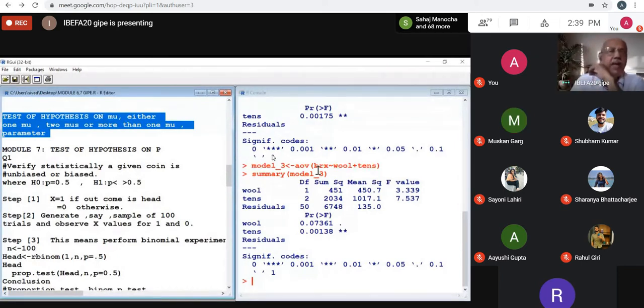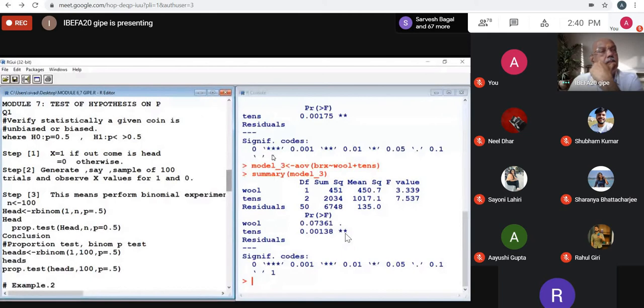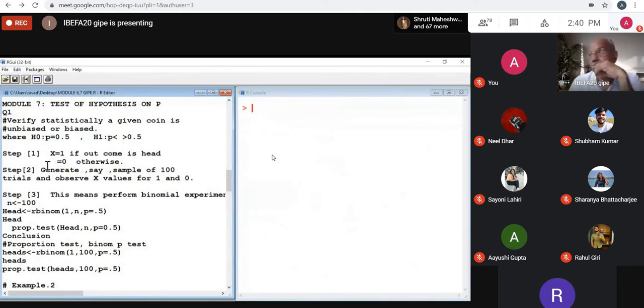Same way, for count data, we can go for probability. Module 7 is for hypothesis. Verify whether the coin is an unbiased coin. I have a coin with me, you have a coin with you, X has a coin with him.